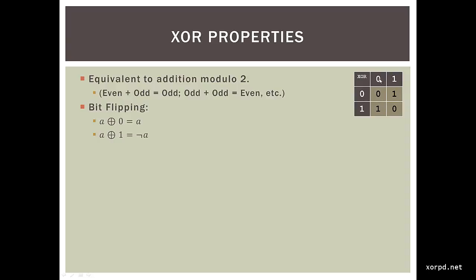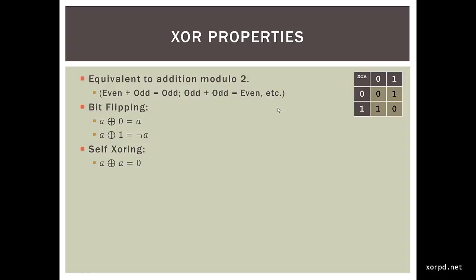We can see that whatever we pick, 0 or 1, if we look at the one row, the bits are inverted. 0 turns into 1, and 1 turns into 0. However, if we look on the zeros row, we see that the inputs are left the same. 0 turns into 0, and 1 turns into 1. That's why we have those two properties.